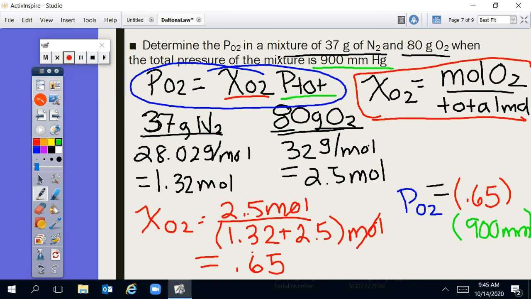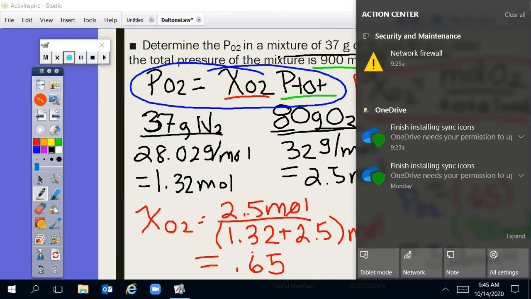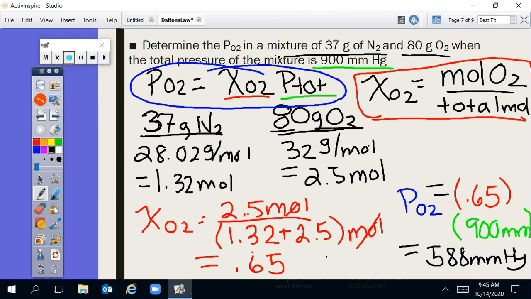And when I multiply those two numbers, I get an answer of 500 millimeters. So that's the partial pressure of oxygen. Okay, and at any time, if you want to stop this video and watch it again to make sure you understand it, you can go ahead and do that.